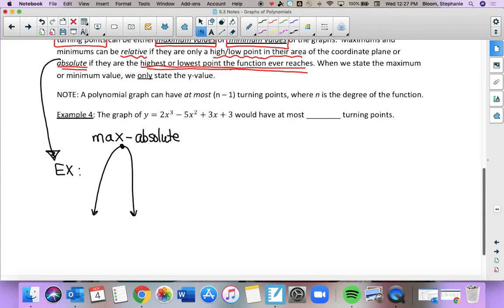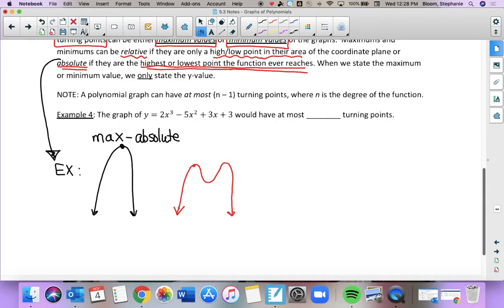Okay, let's say our graph looked like this. This time, how many times is that graph changing direction? Meaning, how many turning points does this one have? 3.